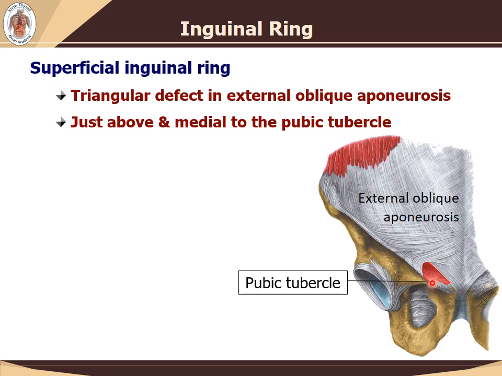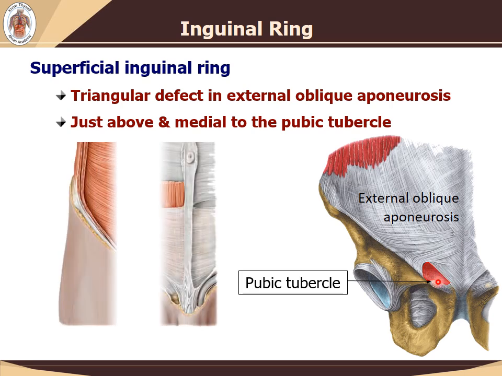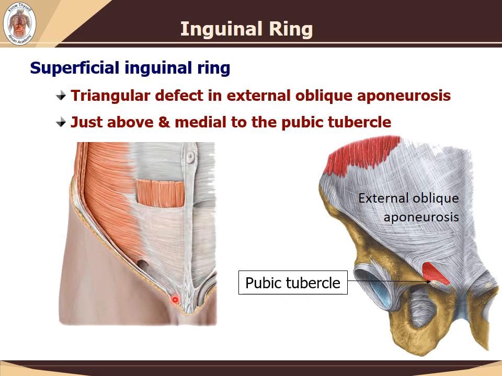We can easily identify this pubic tubercle on a body, so it is easily identifiable that this is the position of the superficial inguinal ring, up to the medial part of this. You can see this is the place for the superficial inguinal ring.